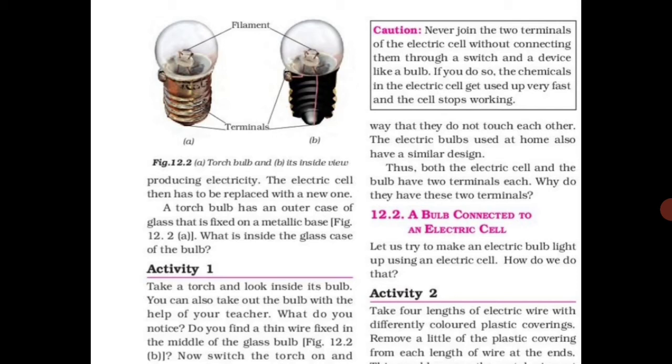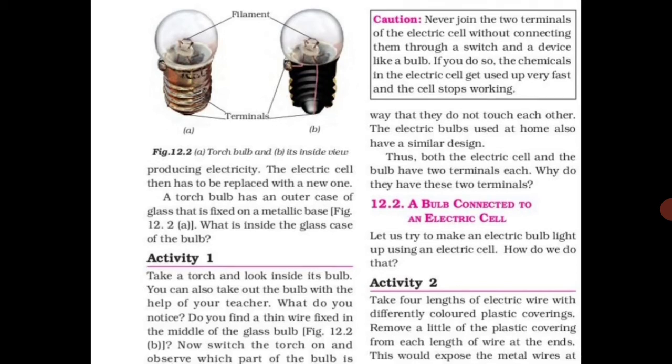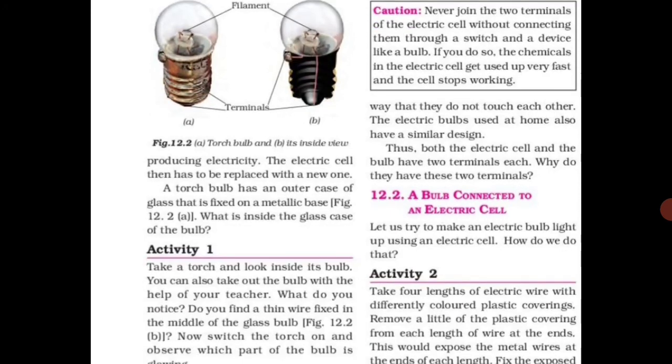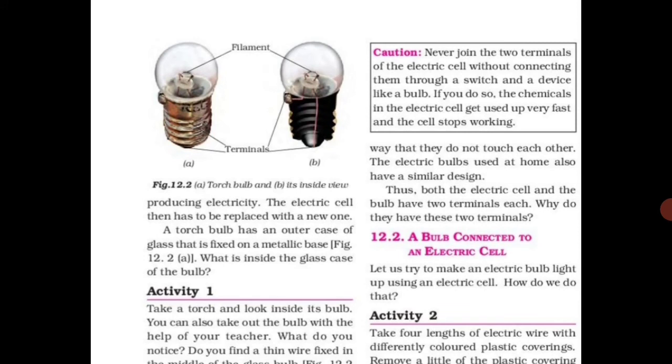If you look at it carefully, you will find a thin wire that gives out light. If you light it, you will see a thin wire which is glowing, and this is called the filament of the bulb. The filament is fixed to two thick wires which also provide support to it, as you can see in the figure.